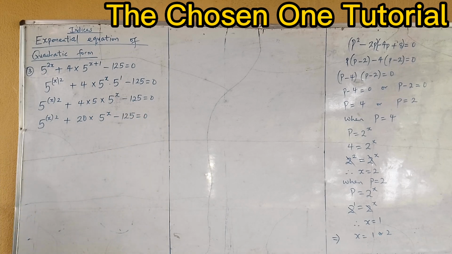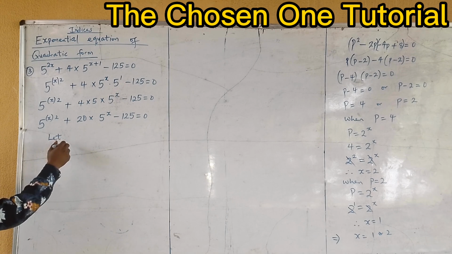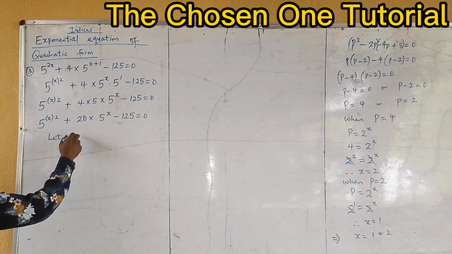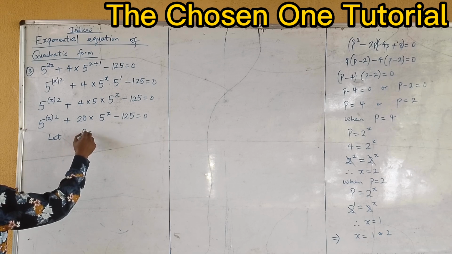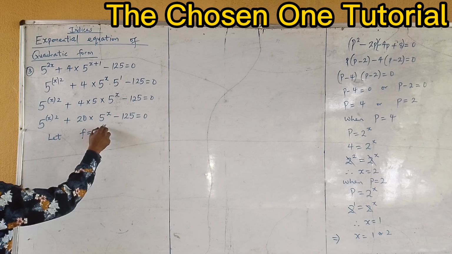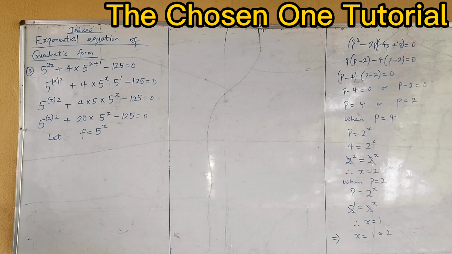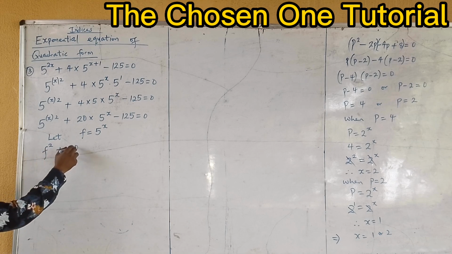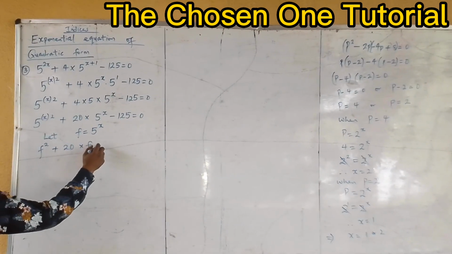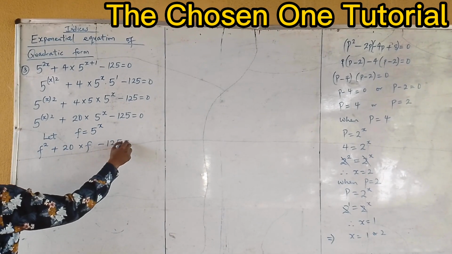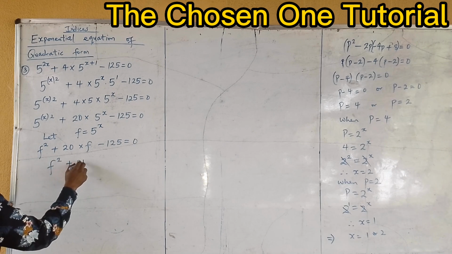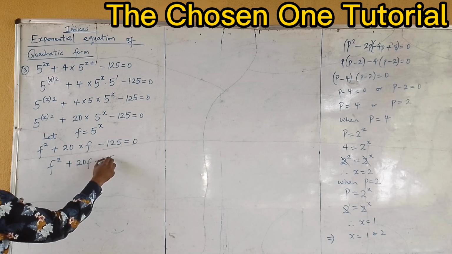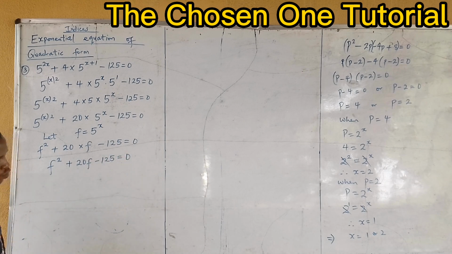So let f = 5^x. So we are going to have f^2 + 20f - 125 = 0.